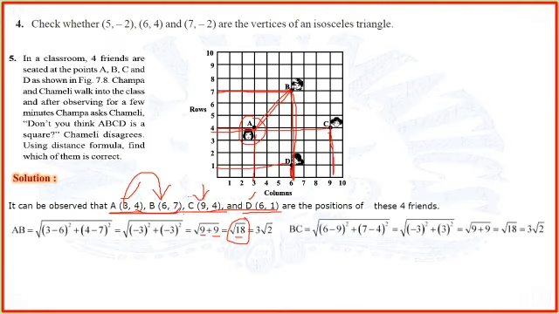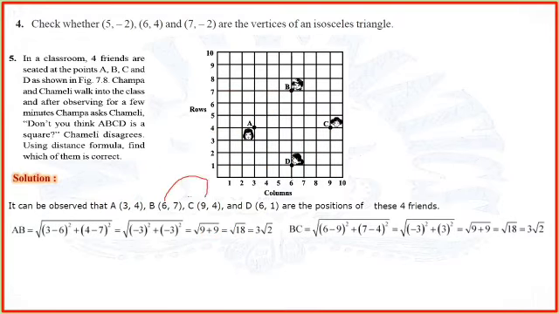Now the next is BC, which is 6 minus 9 whole square and 7 minus 4 whole square. 6 minus 9 is minus 3, and 7 minus 4 is plus 3. So again 9 plus 9, again root 18, and again 3 root 2. That means these two sides are of the same length.